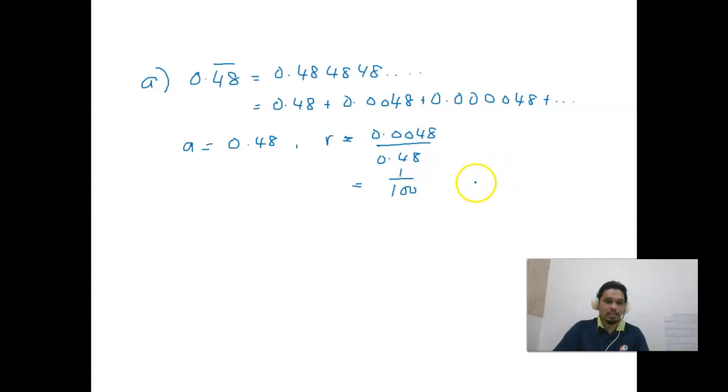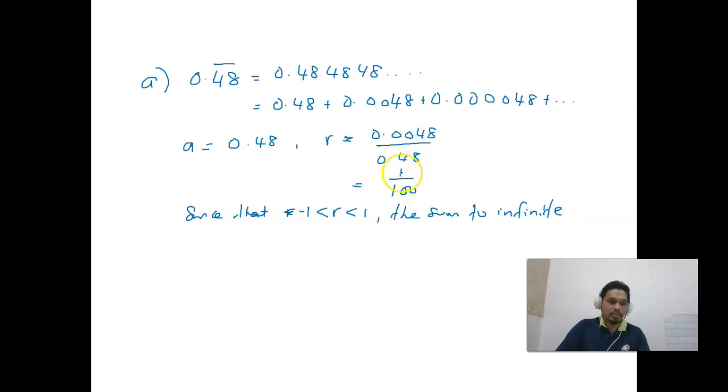Since R lies in between -1 and 1, the sum to infinity exists.